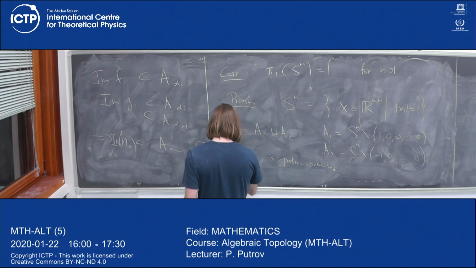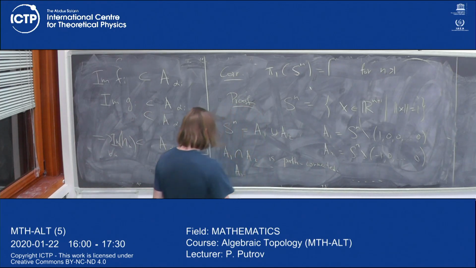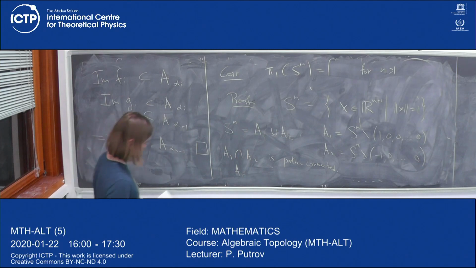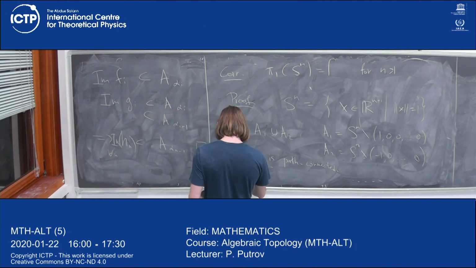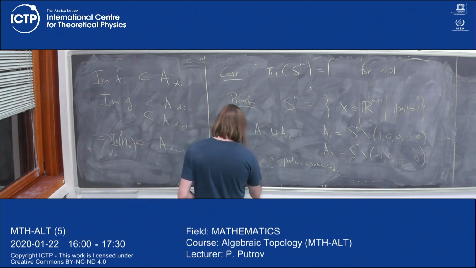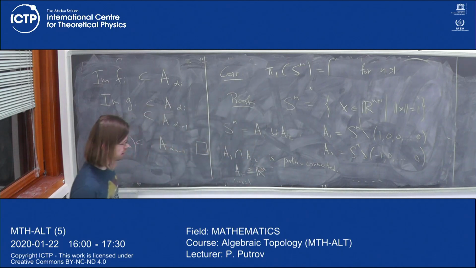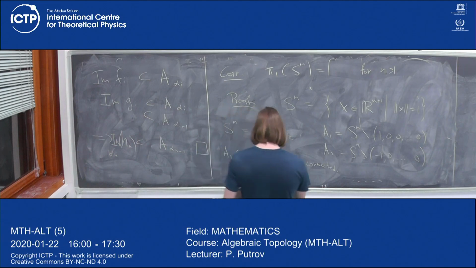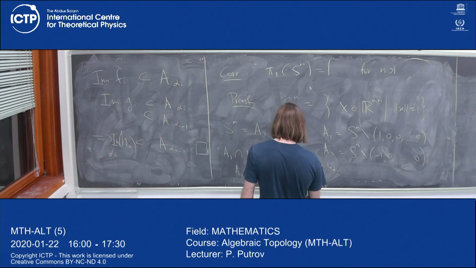and we also know that A1 or A2 is homeomorphic to Rn, for example, by stereographic projection.